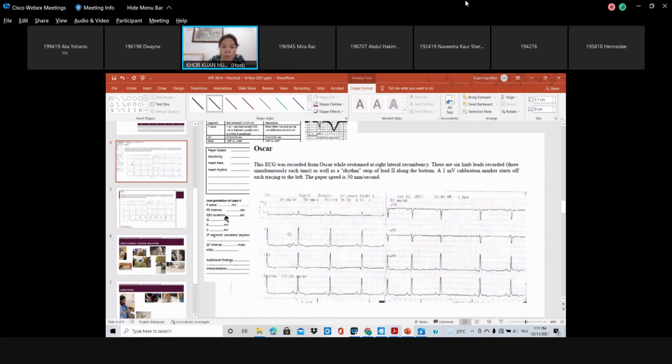So if this R, you should be good already. How many millivolts do you think this is? How many boxes? Siti, what is your answer?